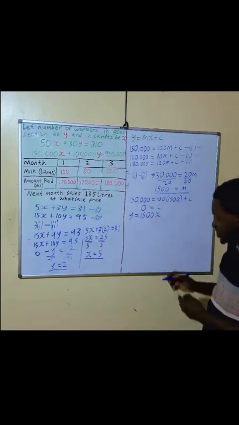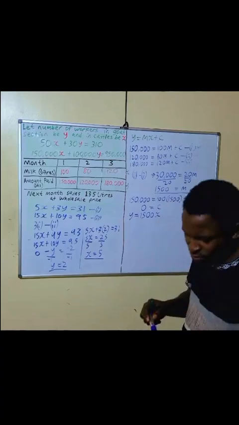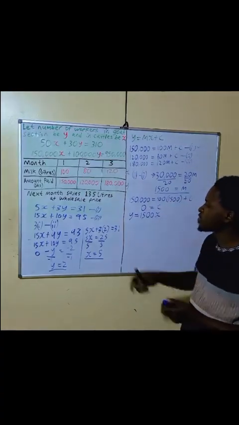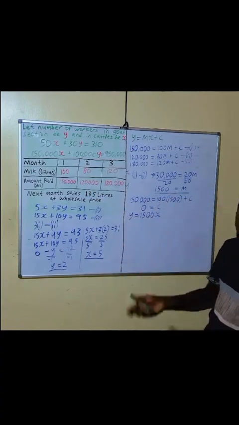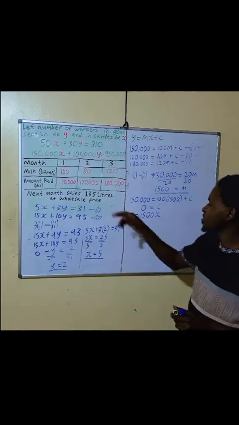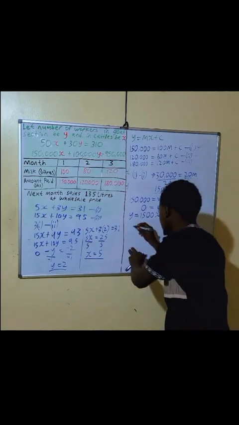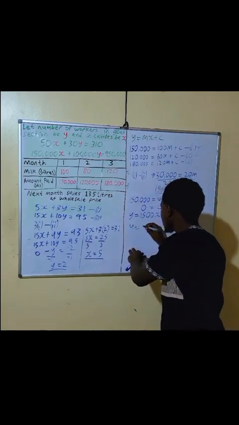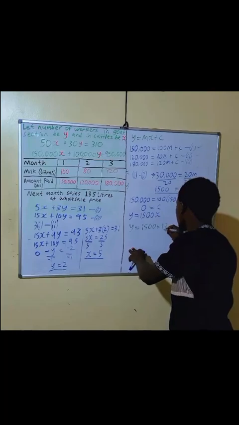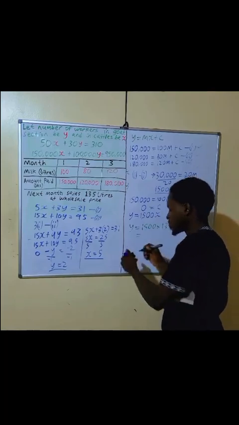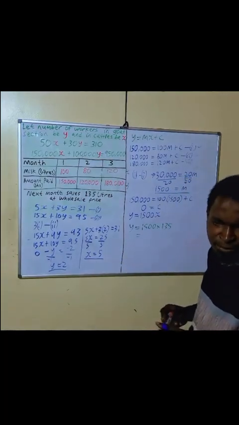So we are going to just substitute the amount of liters of milk that they are expecting to produce next month. It is 135. So I'm going to get y being equal to 1,500 times 135.